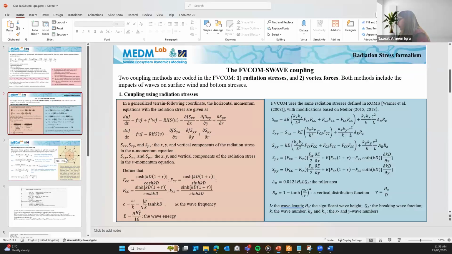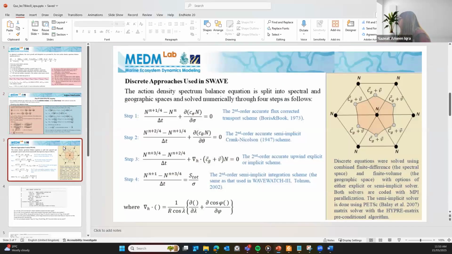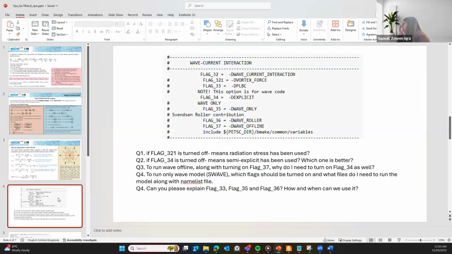Another slide said there are two solvers, an explicit solver and a semi-implicit solver. In the mac.inc file there are commands to decide how we want to analyze the wave-current interaction, so I have a few questions regarding that.